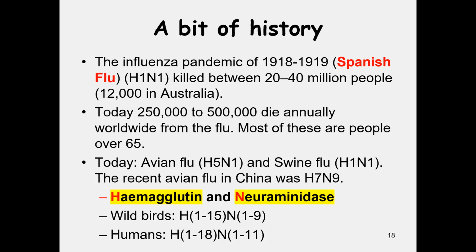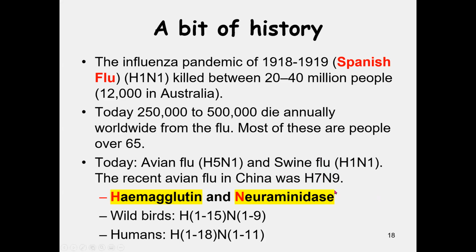The hemagglutinin on the surface of the virus helps escape the cells that produce them. But they're still stuck to the cell. The neuraminidase, ASE, means it's an enzyme, cuts the hemagglutinin chemically, and then it's released from the cell that produced it, and then it goes on to other cells and to infect them.